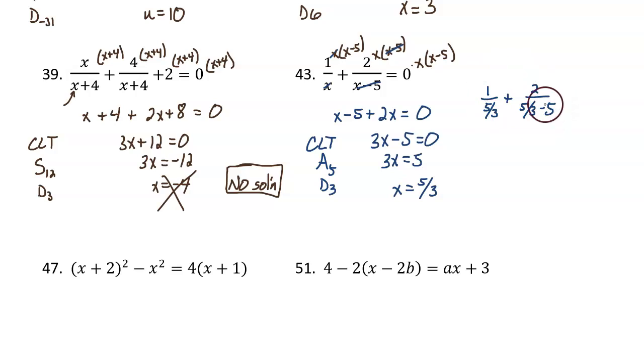We're wondering, does that make 0? Because of the fractions, it would be a good idea to use the calculator. 1 over 5/3 means to do the reciprocal of 5/3, which is 3/5. Working this out on the calculator, I get negative 3/5. And when you subtract these, it really does equal 0. So this answer checks out.